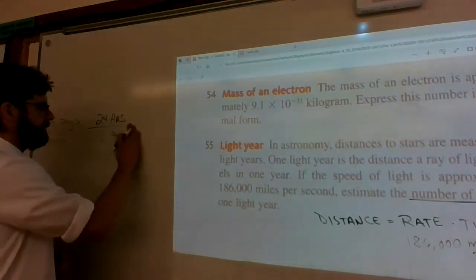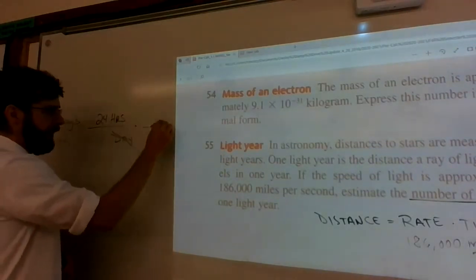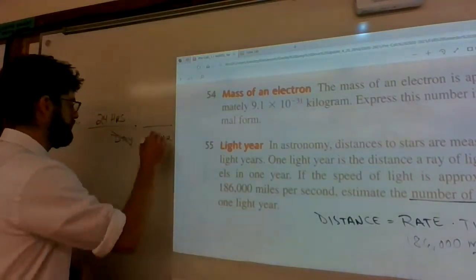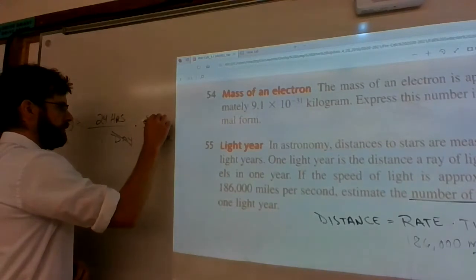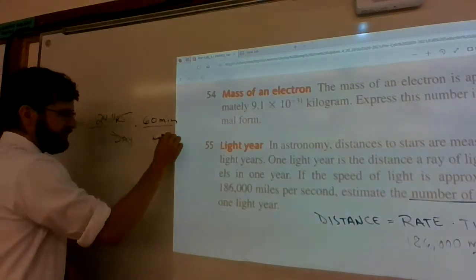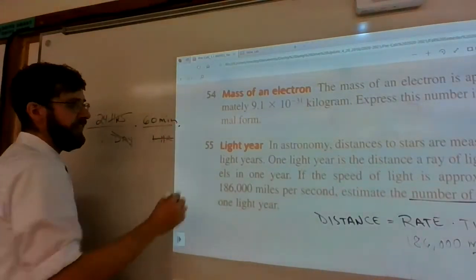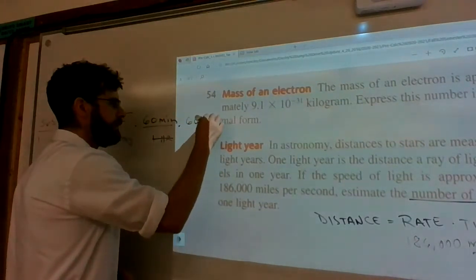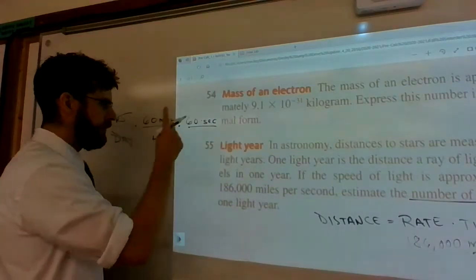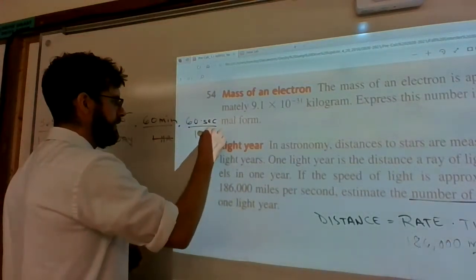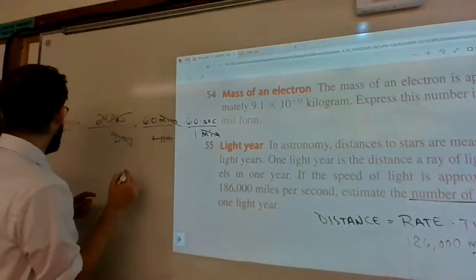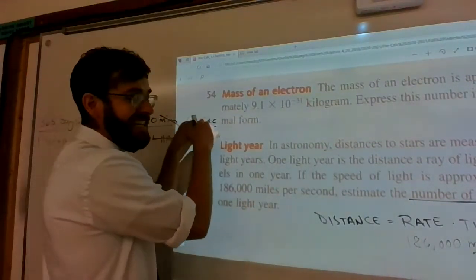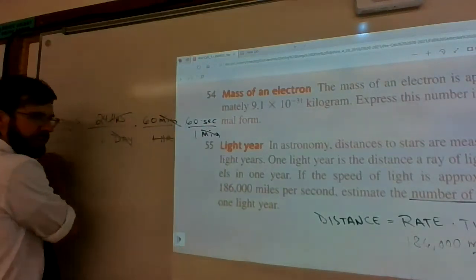Now we multiply that by hours. There are 60 minutes in an hour, so the hours unit is gone. Then we multiply by 60 seconds per 1 minute. So now we've got 365 times 24 times 60 times 60 seconds per 1 year.